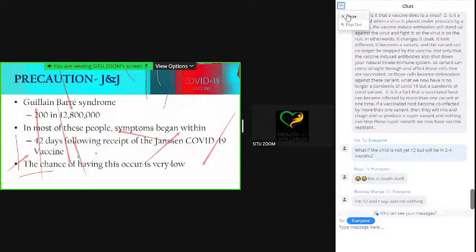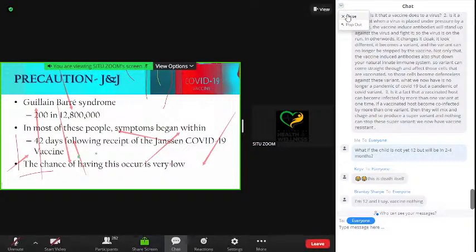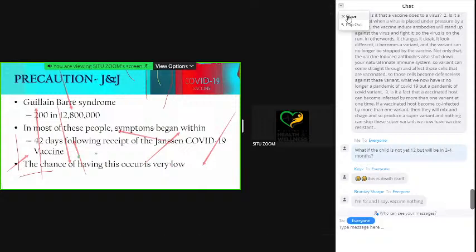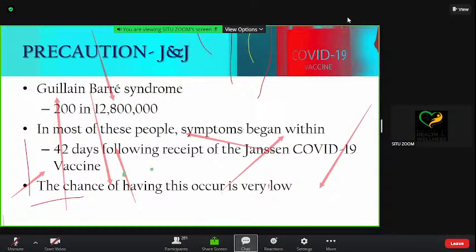Johnson & Johnson is coming. You might have big kids, 18, going to university, who are going to want to take it. Guillain-Barré is what we heard about in the news, and it is something that can kill you. It does in some cases, not usually. Persons tend to recover.